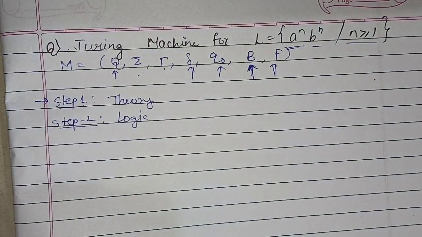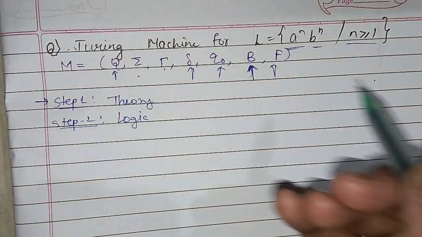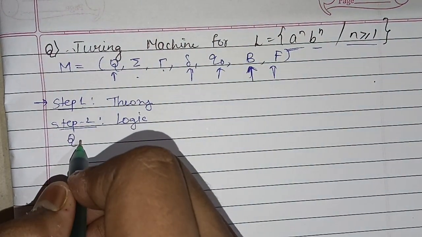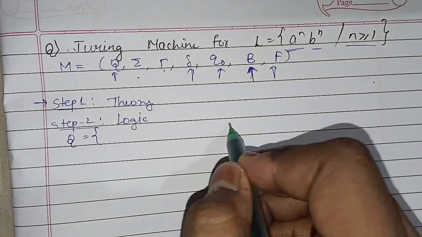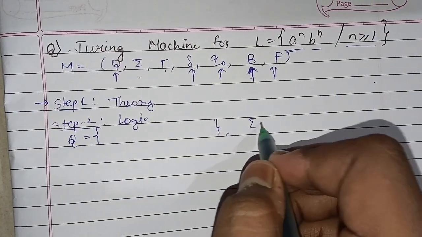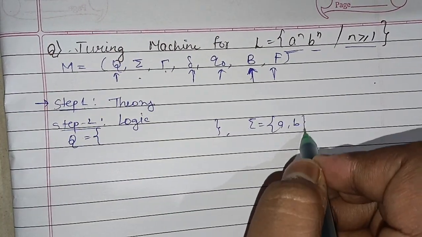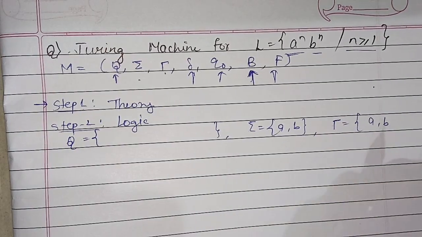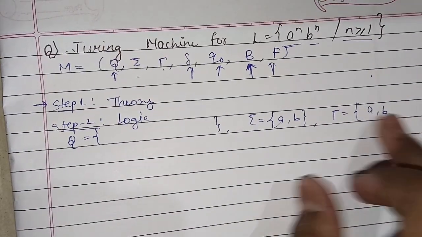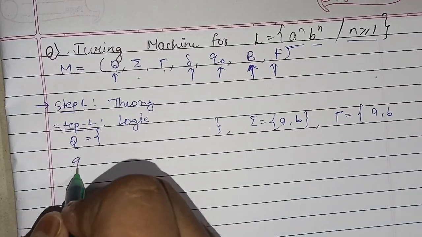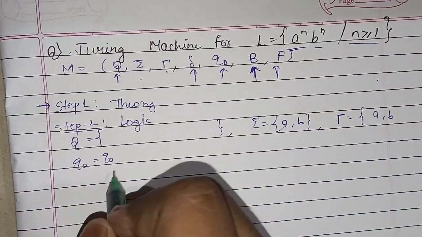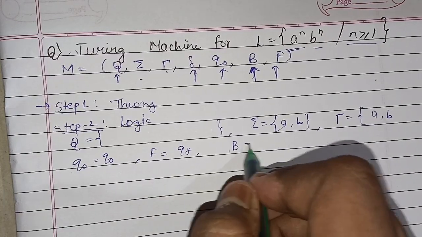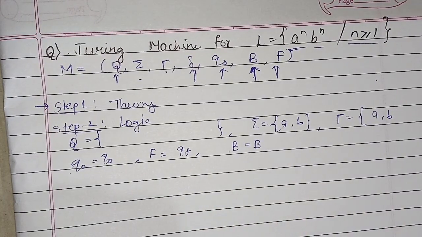In logic, first we write Q, the set of states, input alphabet is a comma b, tape symbol a b, and so on. Q0 is our starting state and final state will be qf.